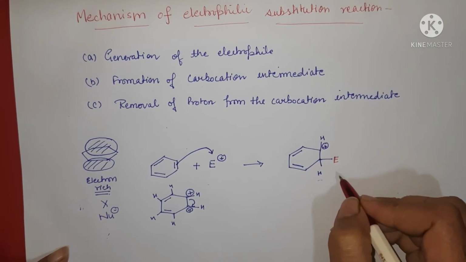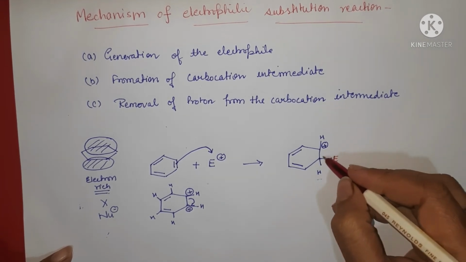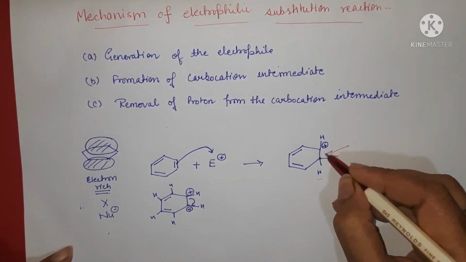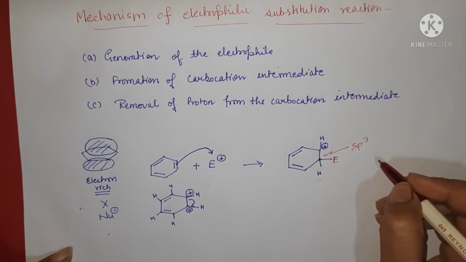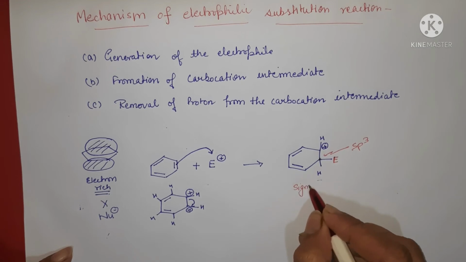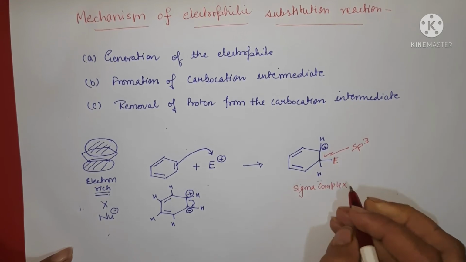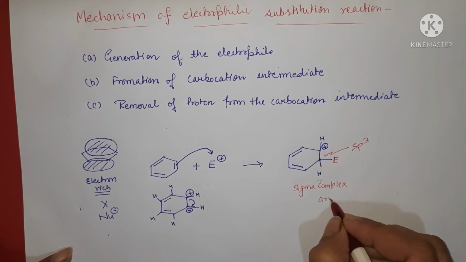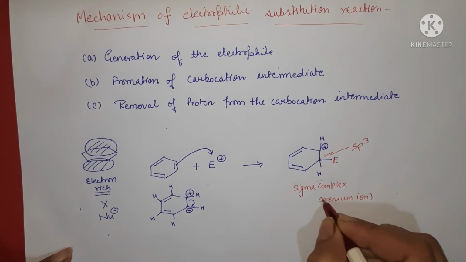Now this carbon is sp3 hybridized, and this complex is known as sigma complex, or you can say arenium ion.